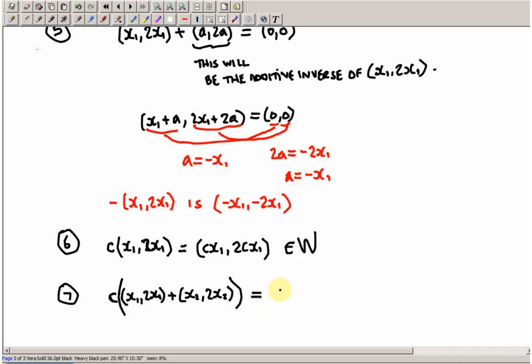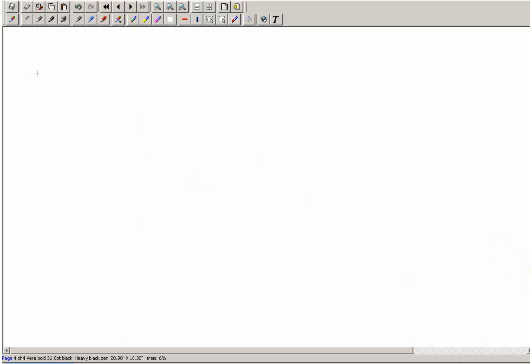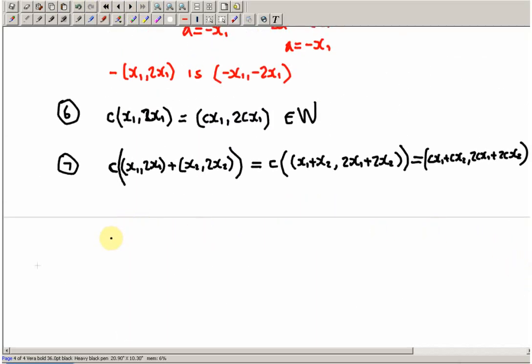Well, first add inside. This would give you x1 plus x2. Let me write this down for you. That is the first part, and then I need to show that this is equal to c times the first vector plus c times the second vector, and that's very easy.